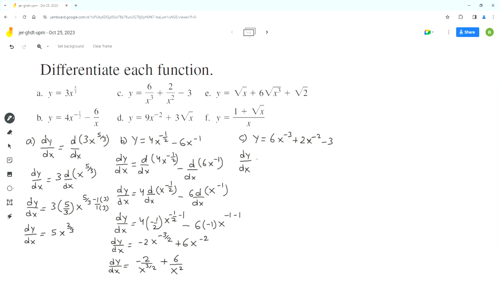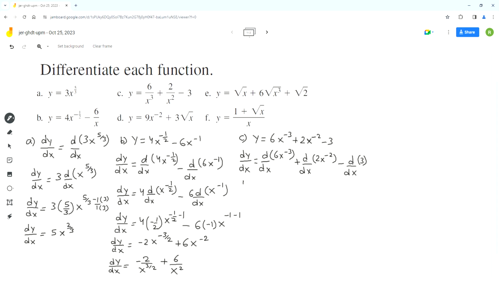So we get dy over dx equals the derivative of 6x to the power negative 3 and then plus the derivative of 2x to the power negative 2 and then minus the derivative of 3.